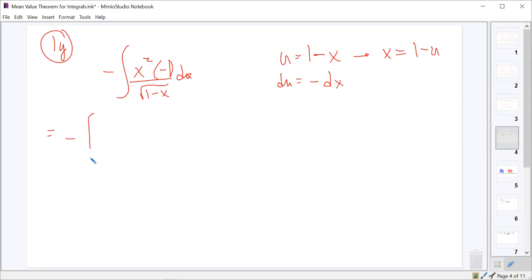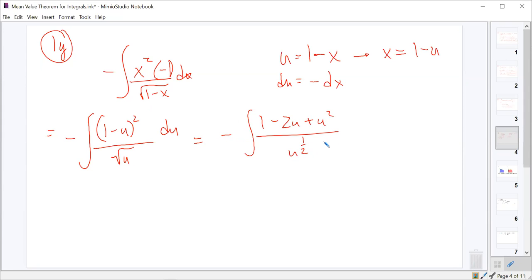So we'll have negative integral of x squared, which is going to be (1 minus u) squared. The negative dx will become our du, and in the denominator we'll have root u. And so now we have a negative integral. We'll have to expand the numerator: 1 minus 2u plus u squared, over u to the 1/2, du.